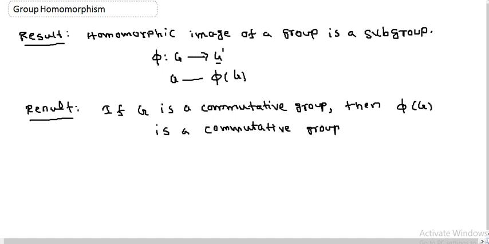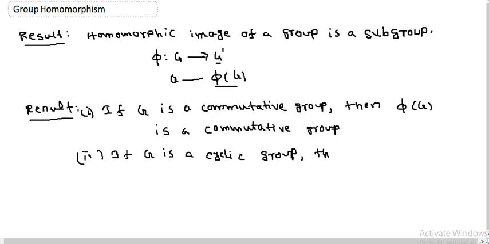So this is one of the results. If G is commutative, then the homomorphic image, which is phi of G, is commutative. And the second result says that if G is a cyclic group, then remember that the homomorphic image, which is phi of G, is a cyclic group. These results may become MCQ type questions.